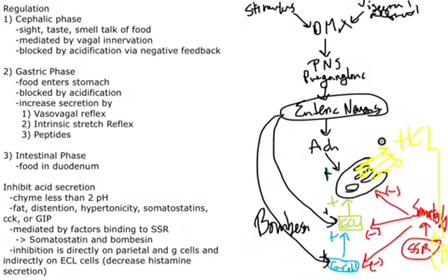So from here, when we have a lot of acid secretion, this sends a feedback to the somatostatin-releasing cell to release somatostatin so it can stop the ECL cell and the G cell and the parietal cell to stop producing the HCl, or stop stimulating histamine to stimulate the parietal cell to produce HCl.